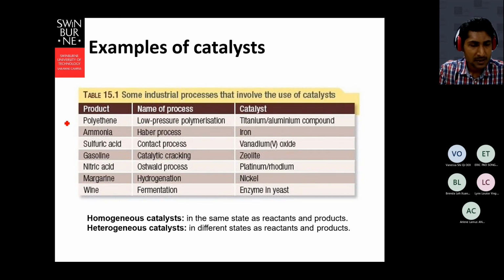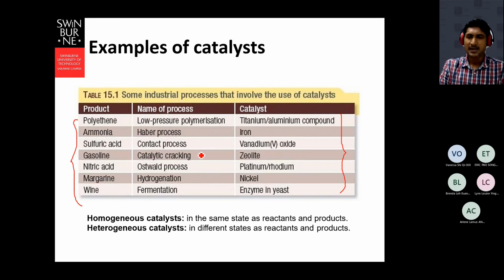In many different types of production, different types of catalysts are used. Mostly here we are showing metal catalysts, meaning titanium, aluminium, iron, vanadium, zeolite, nickel. But sometimes the catalyst can be liquid as well, or semi-solid.